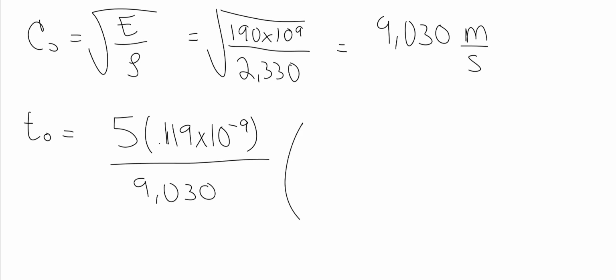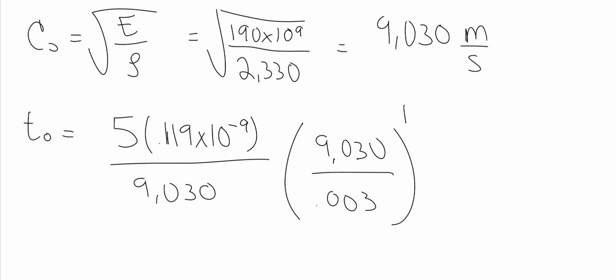That's multiplied by C0 once again, 9,030, over the velocity, which is 0.003. Keep in mind that the solution manual plugs in 0.001, but based on our problem statement, it's 0.003, and that is raised to the 1/5.